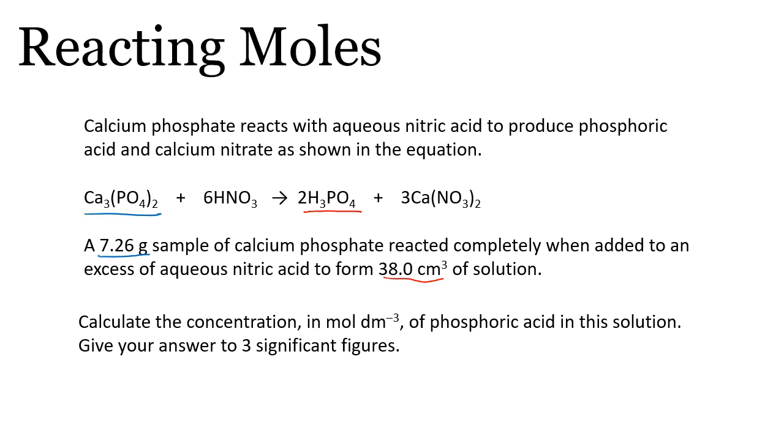Calculate the concentration in moles per decimeter cubed of phosphoric acid. So again, this is the volume of phosphoric acid. It's 38. We've got it in the equation, underline it all in red, and we'll give it to 3 significant figures. It doesn't matter if also in that 38 centimeters cubed there's a bit of calcium nitrate, because we're going to care about the moles of phosphoric acid. So let's do the calculation.